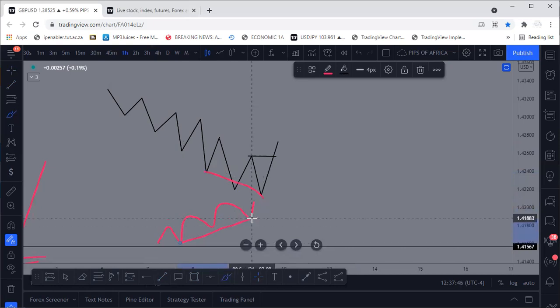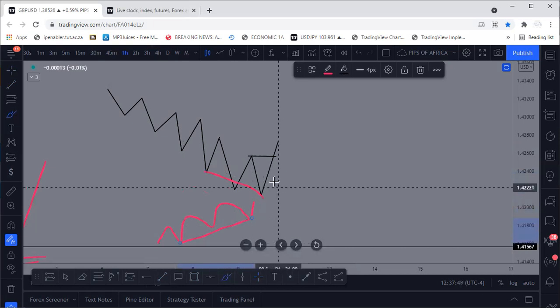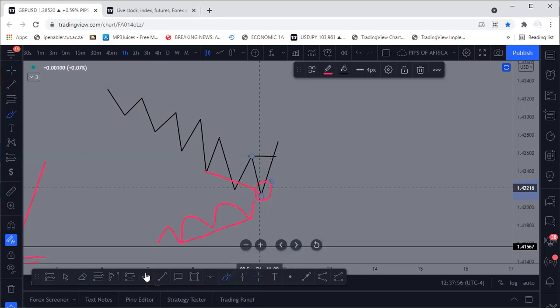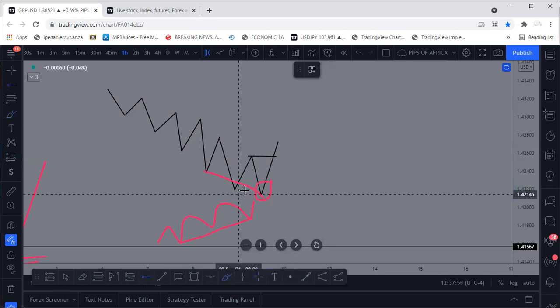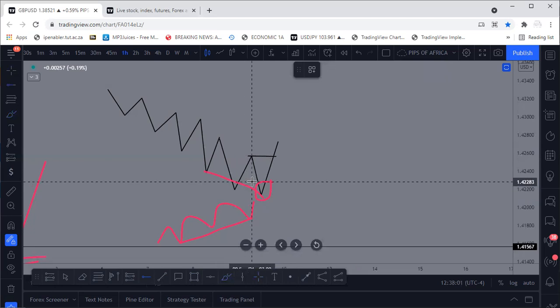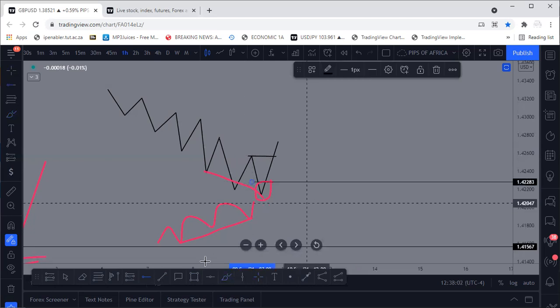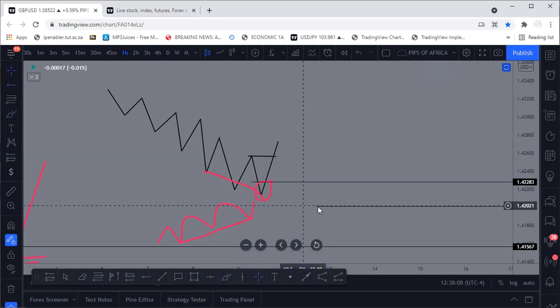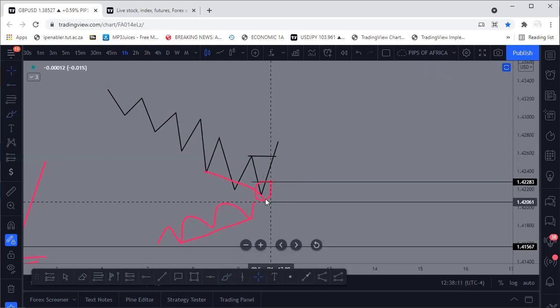Right. Now we have this order block here. All right. You still need to go down to smaller time frames and see what is happening according to smaller time frames. Right. We are marking your order block, like here.